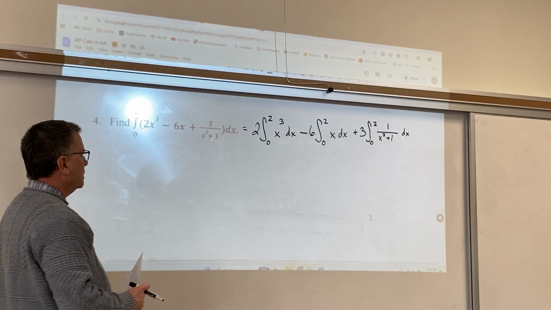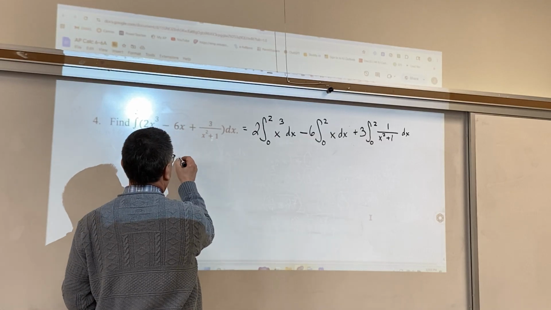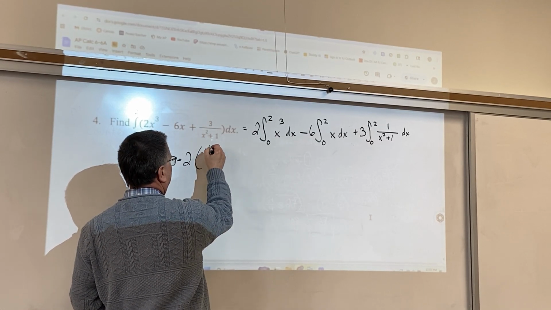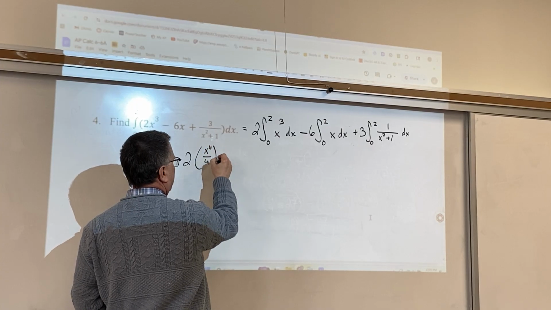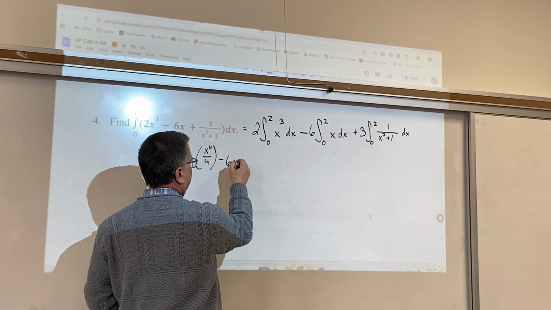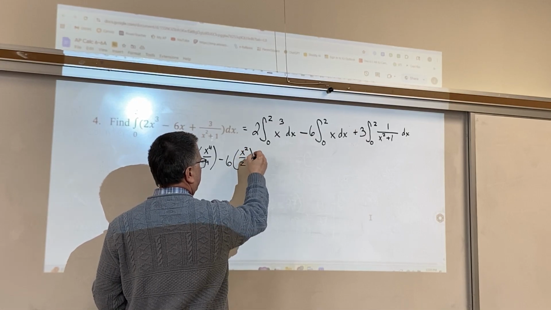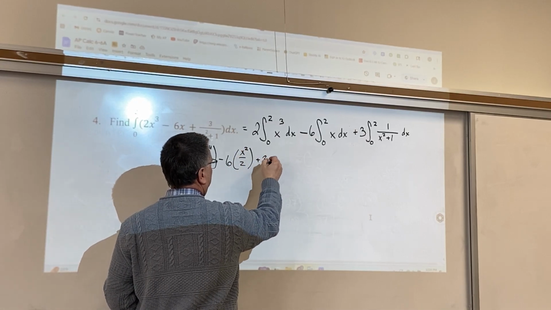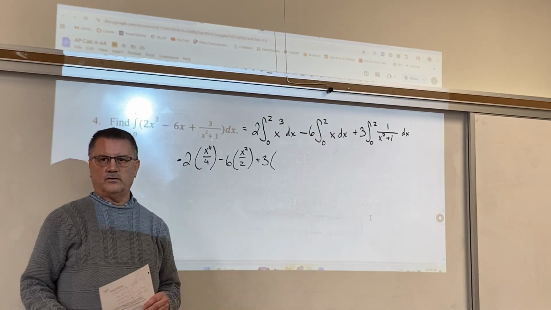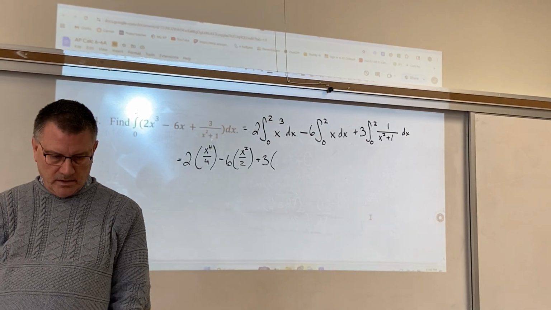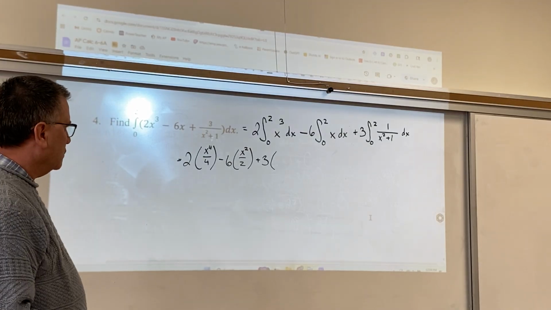Anyway, here I've got this 2 outside. Isn't that just going to be x to the 4th over 4? Yes. And I've got this 6 out here. That's just going to be x squared over 2. Plus 3 times. Now I've got to look at the formula sheet. Is there anything that has 1 over x squared plus 1?